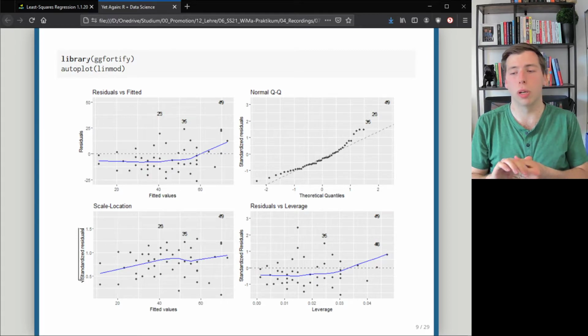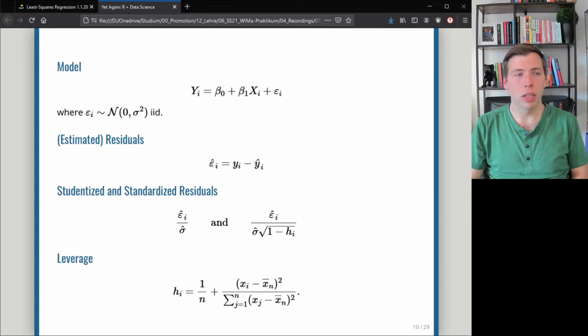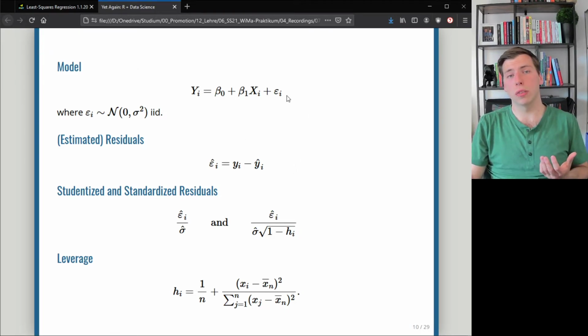Let's talk about what the formulas behind the quantities in there actually are. So again, our model looks like this. It's just this linear model here with the normal residual. And what we get is the estimated residual. It's just the real observed response variable minus the predicted response variable according to our model. And then we can compute two kinds of residuals.